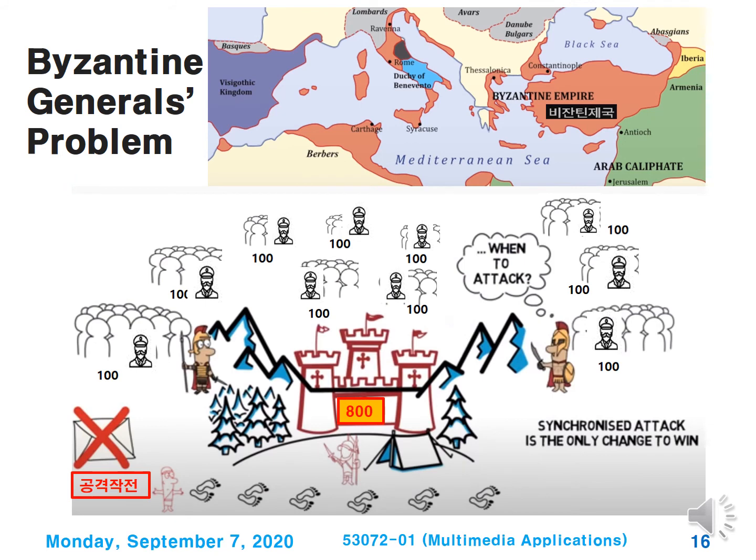The origin of distributed consensus came from the Byzantine generals' problem. The Byzantine Empire is the East Roman Empire.